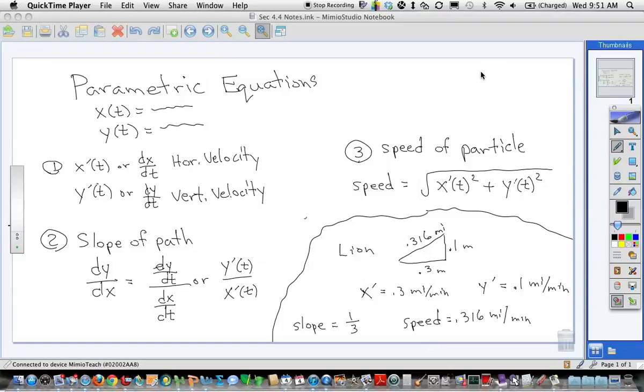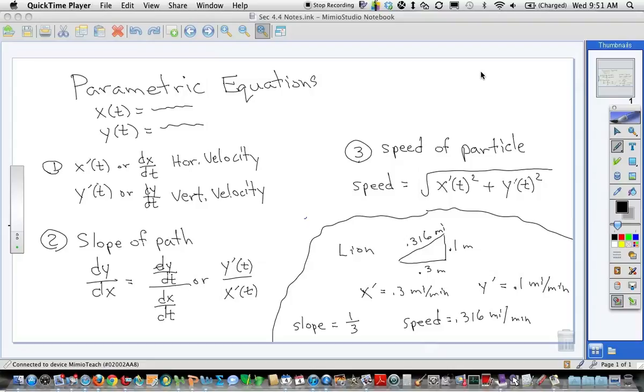Horizontally, the lion went 0.3 miles horizontally every minute. 0.3 miles per minute. That's x prime for the lion, dx/dt. y prime was his northward change. He went 0.1 north every minute. That's a rate, 0.1 miles per minute. That would be y prime of t for the lion. His horizontal and his vertical velocity.